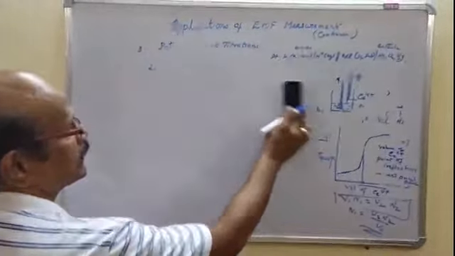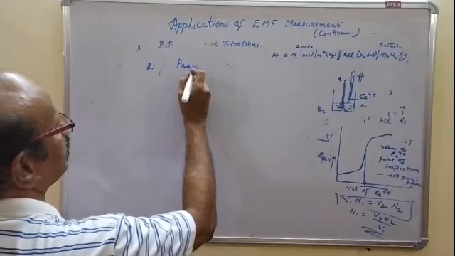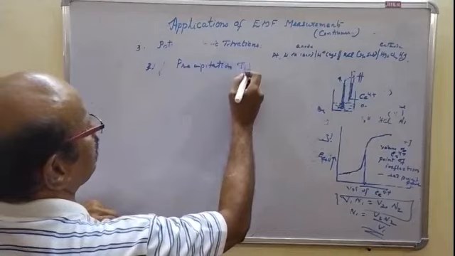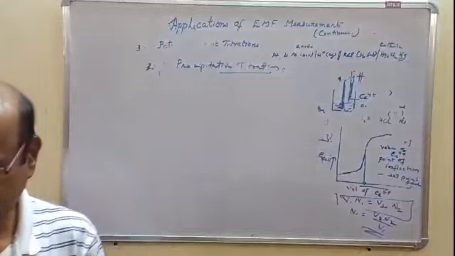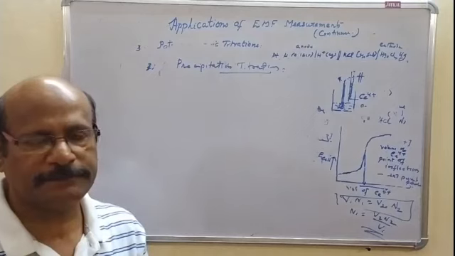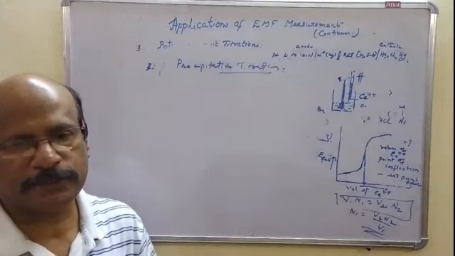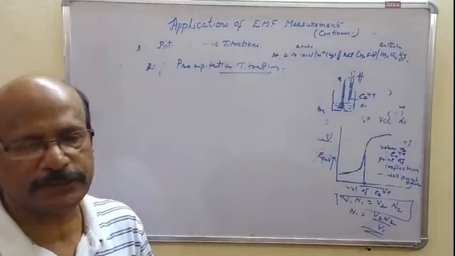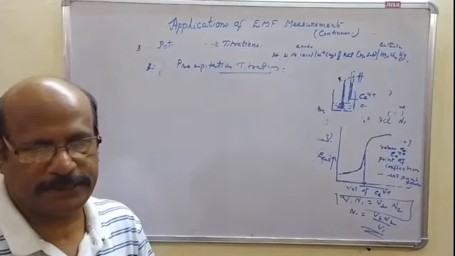Then this is precipitation titration. Here, when one reactant is added into another reactant into which an indicator electrode is introduced, precipitation takes place, so the concentration of the ion decreases as the precipitation progresses.